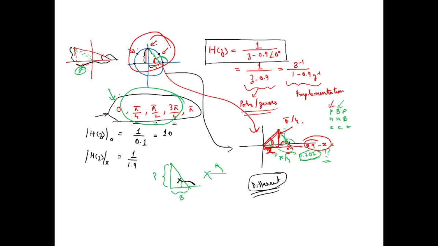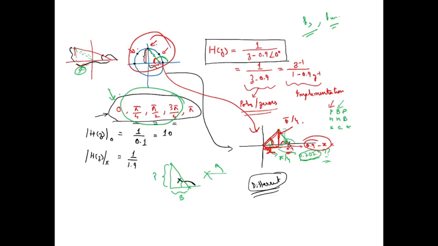Another variant of the question may be that I give you the sampling frequency and FM, and accordingly I may ask you to find out the amplitude response and the phase response of the filter at 5 distinct frequency positions.